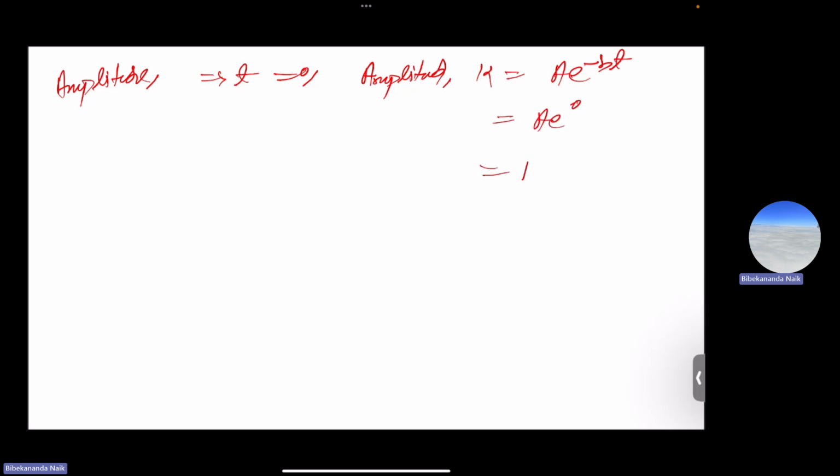So amplitude at t equals 0, suppose this is k, is a e to the power minus bt, a e to the power 0, that is a.